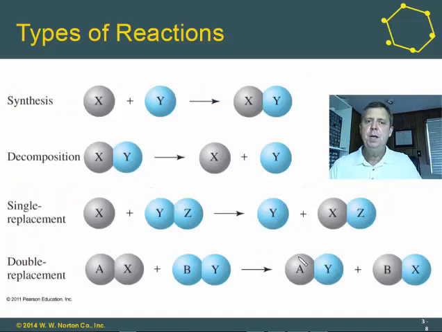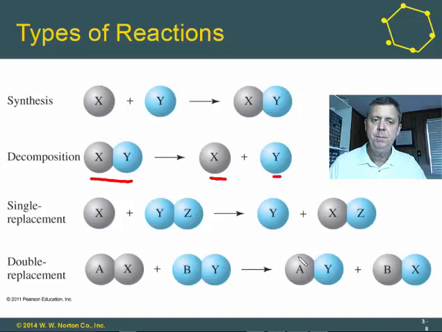And this is showing the basic process. As we said, synthesis, you have sort of visualized it a little bit better. Two different elements or compounds combine to form a more complex molecule or compound. Could be ionic compounds too. Decomposition, you're separating or splitting apart a compound into its base elements, typically. Single replacement, an element is replacing one of the components of an ionic compound.